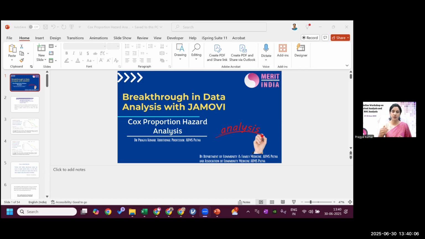Then coming to the life table analysis, when you have an interval period where the event has happened and you don't have a specific time when that event happened, then the preferred analysis is the life table method, which actuarial science, like insurance people, generally use.